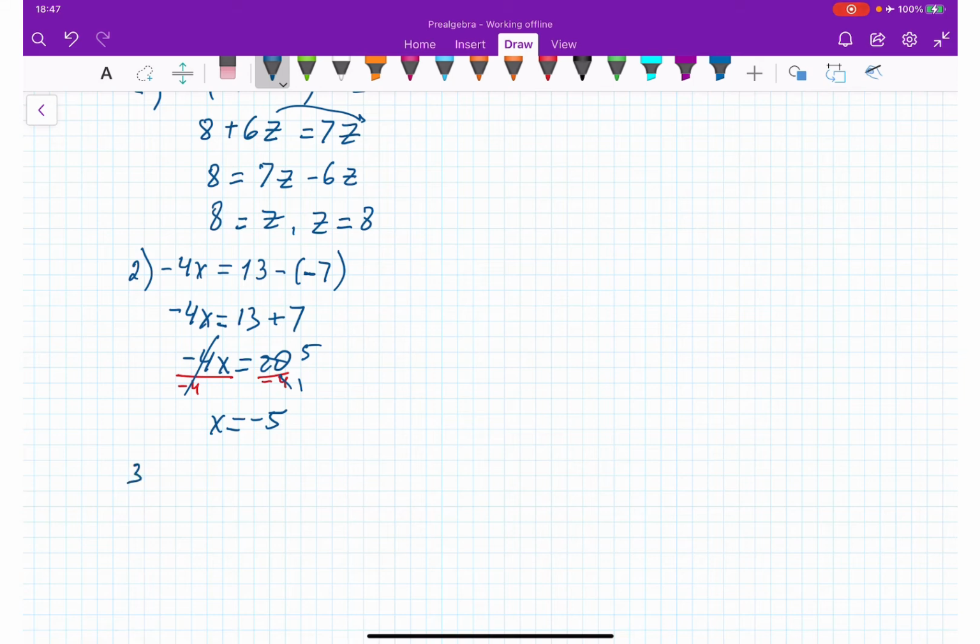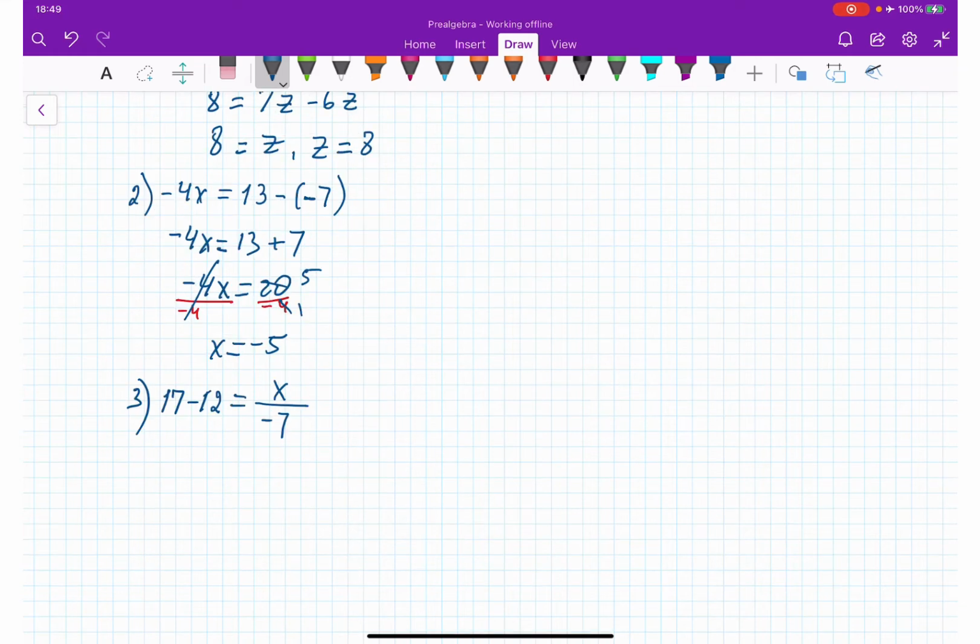Question number 3. 17 minus 12 is equal to x over negative 7. We have like terms, 17 and 12. 17 minus 12 is 5. Equal to x divided by negative 7.